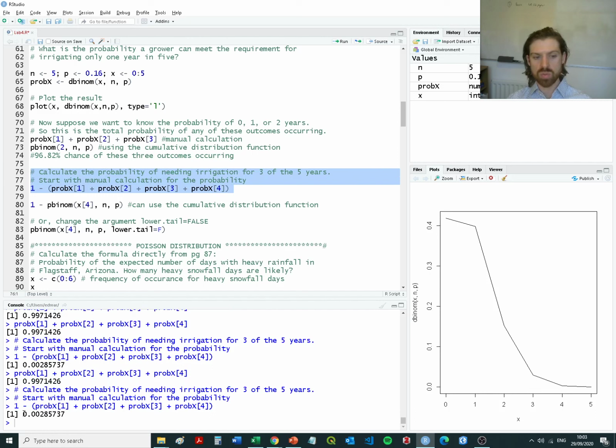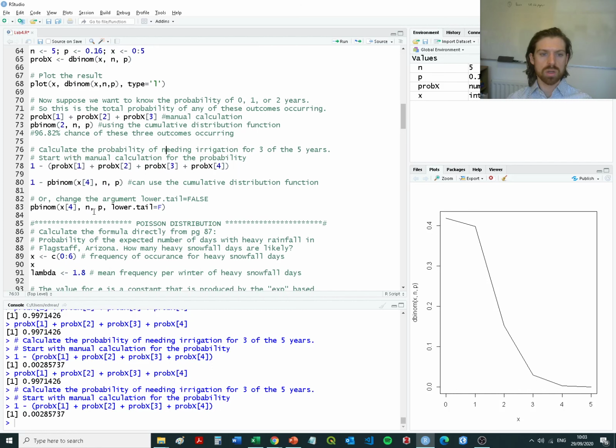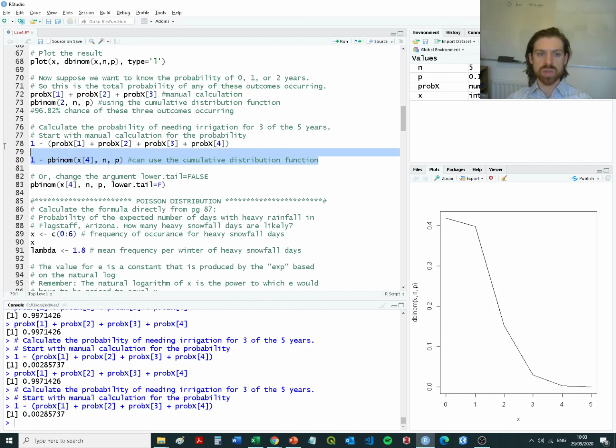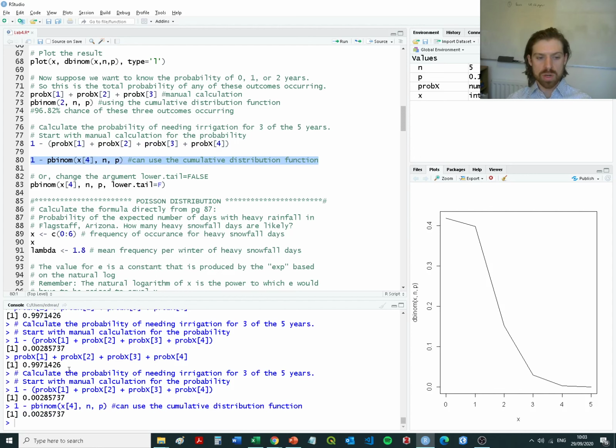So down here, when we subtract that value, we get 0.0028, which obviously is very small. Okay, now let's move on and do that using the cumulative distribution function. So it's the same as before, but we're going to get the complement. So we enter year 4 into the cumulative distribution function. We subtract it from 1, and we're able to get that same probability that we got up here.